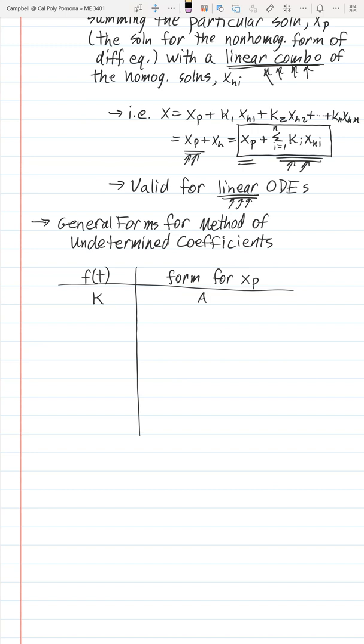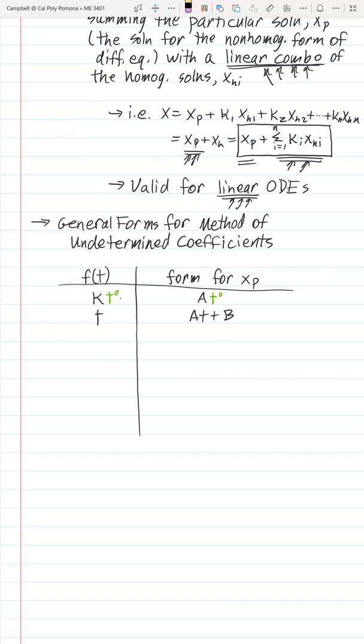Now, if you want to make a little bit more sense of this, for this first row, you can say t to the 0, if you like. And then when we get to the next one, if we have t, or anything multiplying that t, we get at plus b.